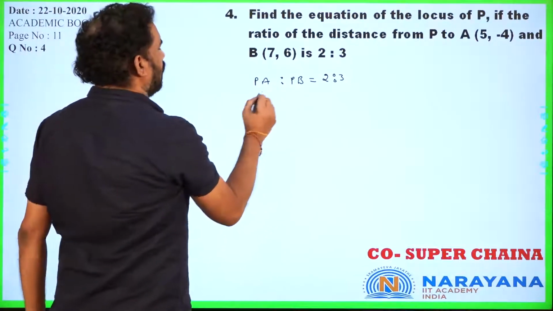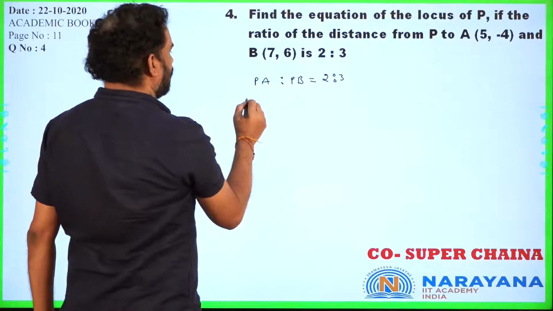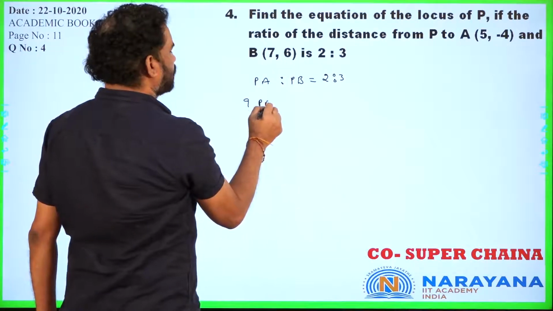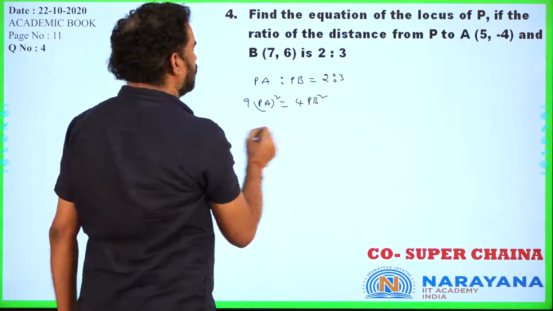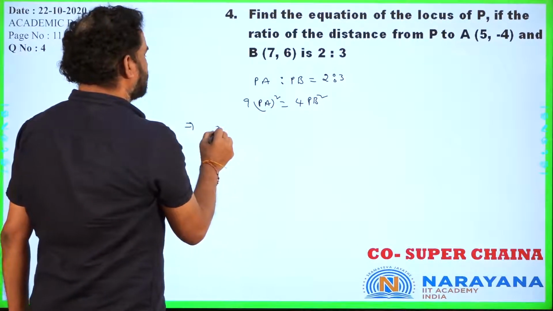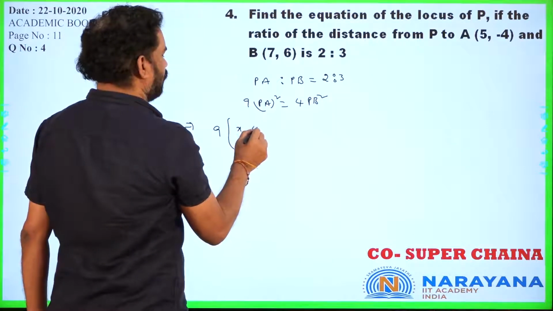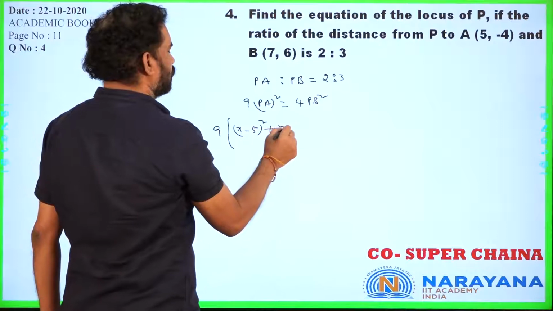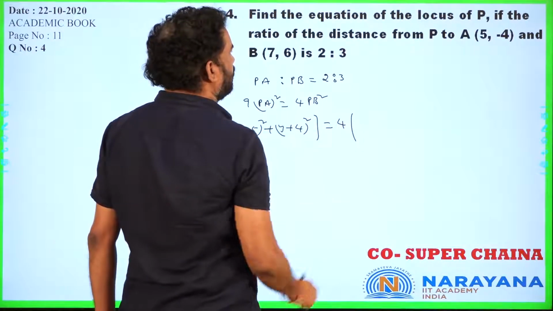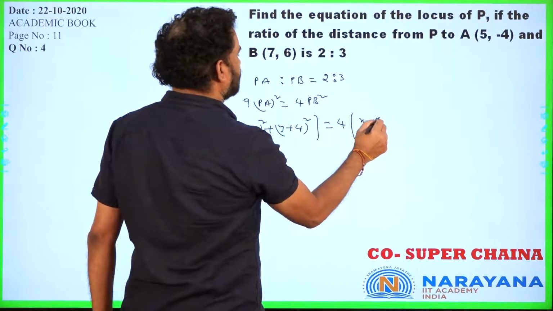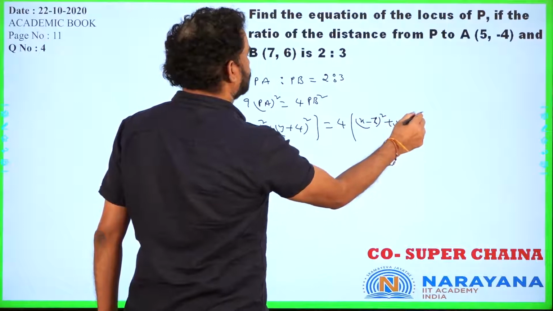So then we can write PA by PB equals 2 by 3, that is 9 PA square equals 4 PB square. So expand it. 9 PA square: x minus 5 whole square plus y plus 4 whole square is equal to 4 times PB square: x minus 7 whole square plus y minus 6 whole square.